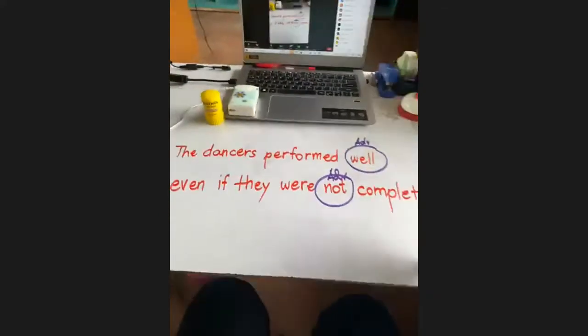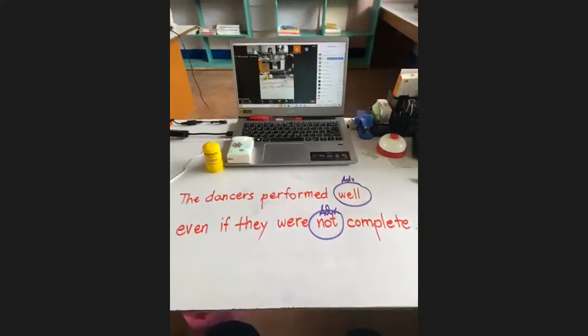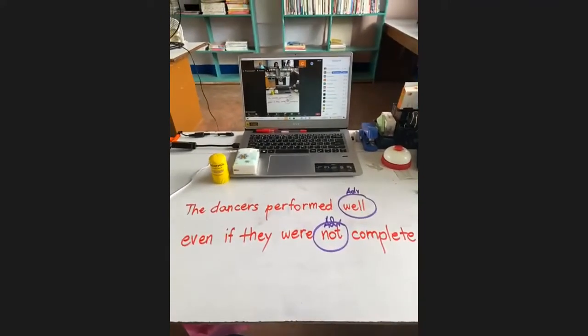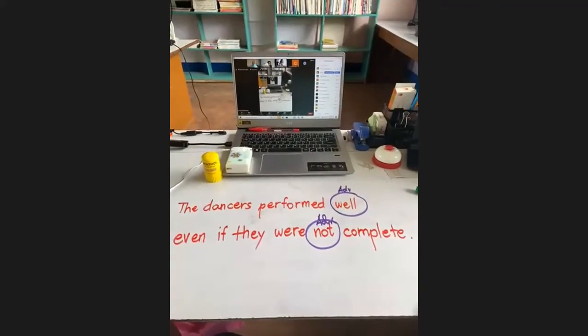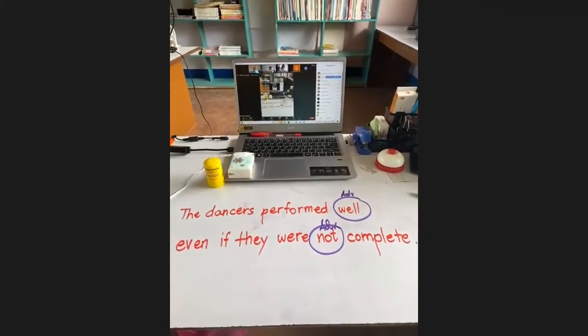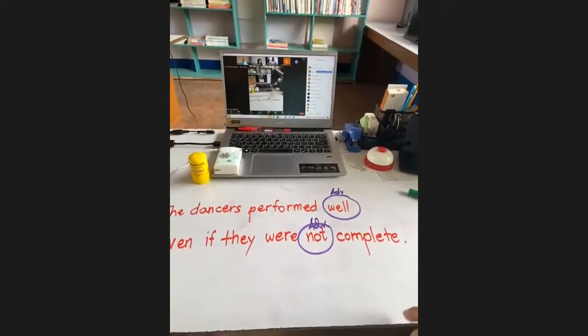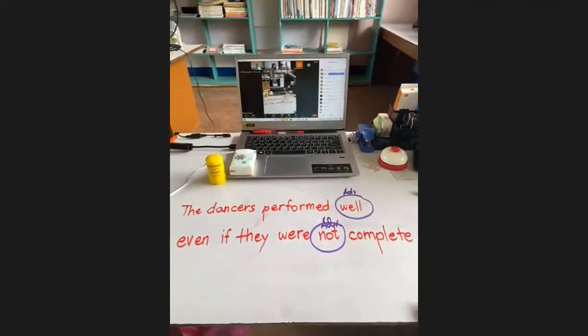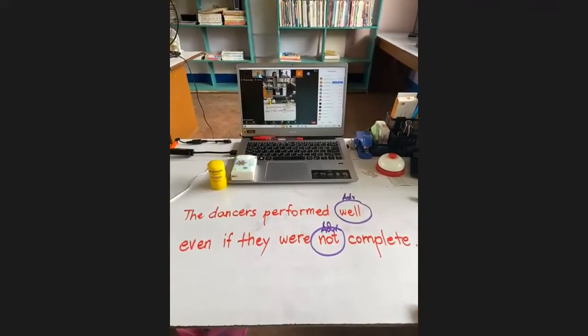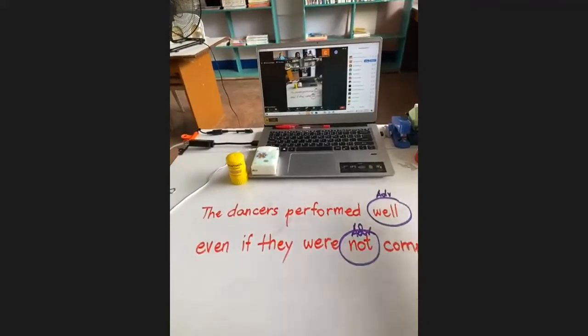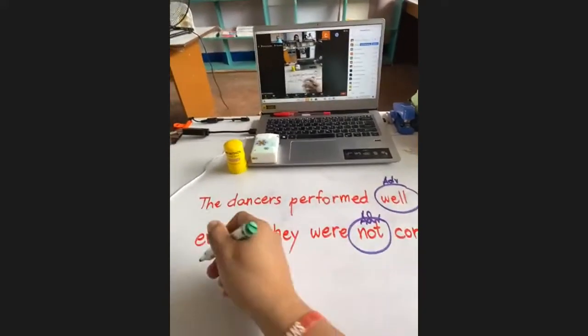But is that the only adverb in the sentence? What about Carlos? Can you find another adverb in the sentence? Even if they were not complete. Correct. You still have this one.